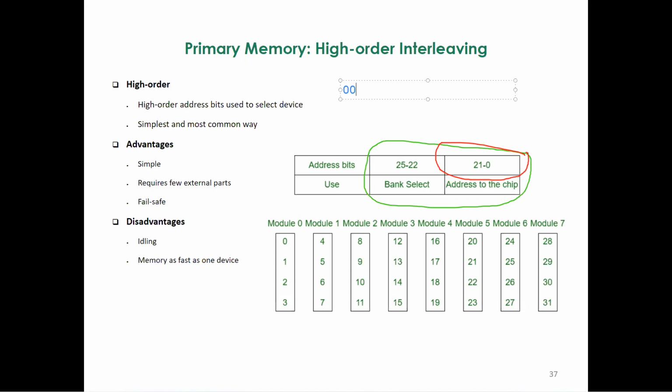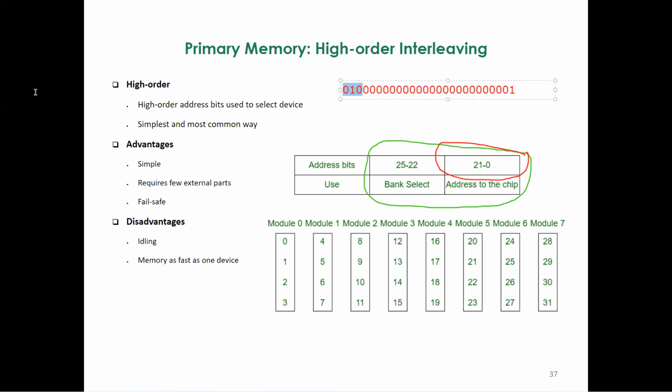Let's just do 1, 2, 3, 4, 5, 6, 7, 8, 9, 10, 12, 13, 14, 15, 16, 17, 18, 19, 26. So this is your address, okay? And then we are saying the top 3 bits are used to select the bank. So let's say this is 1 here, and then the rest of the bits are used to select the address inside the module.